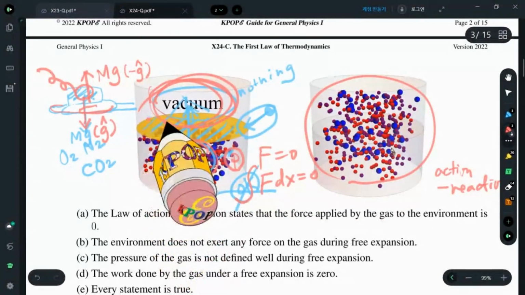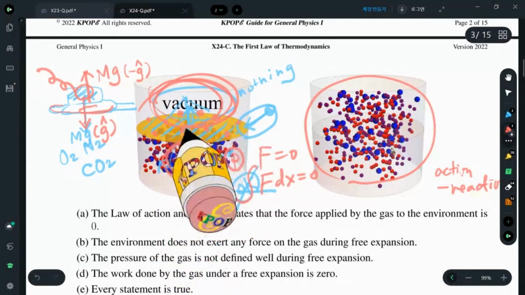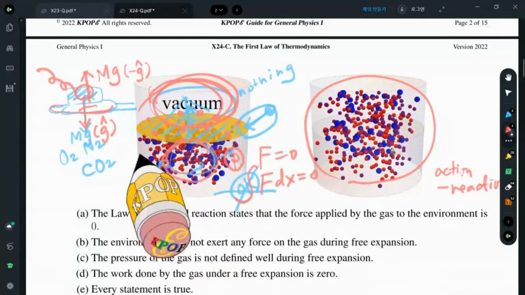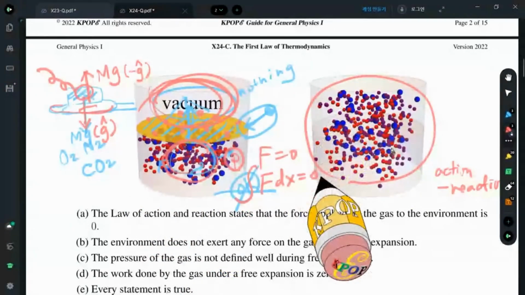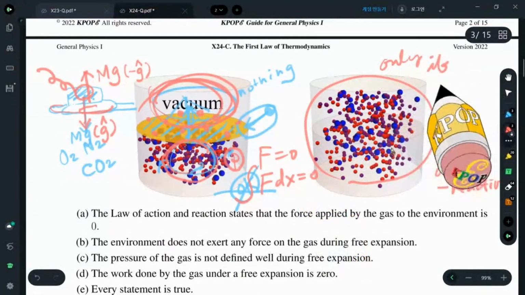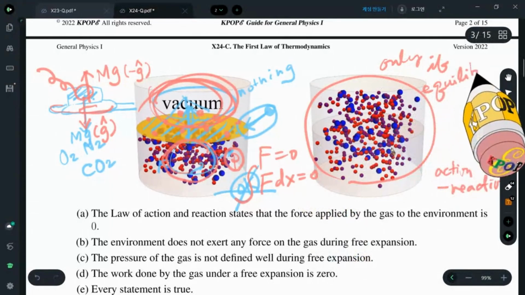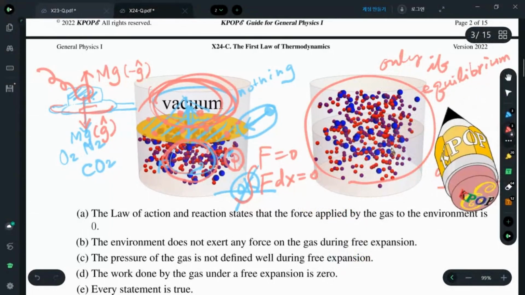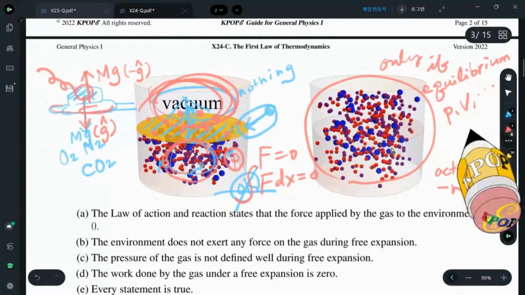I don't know the boundary of this gas until it reaches an equilibrium. Only if there is a thermal equilibrium, we can define pressure, volume, and so on.